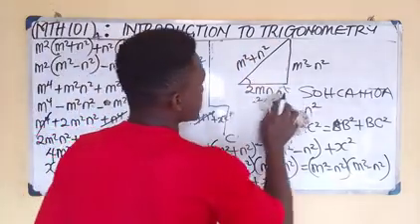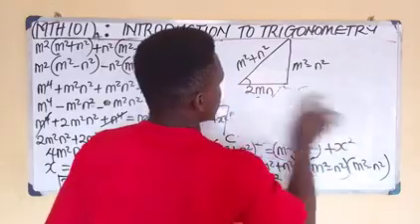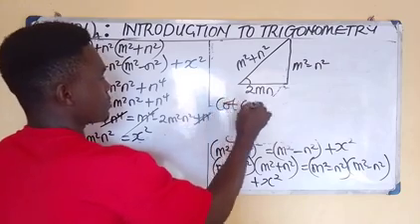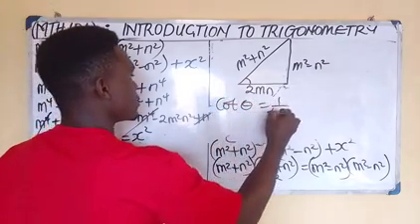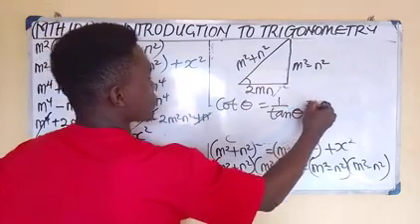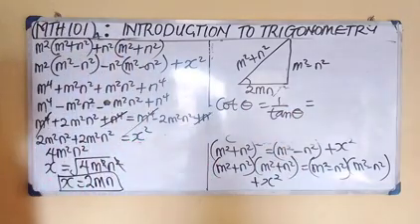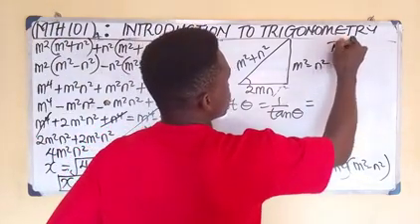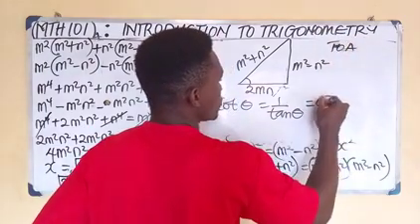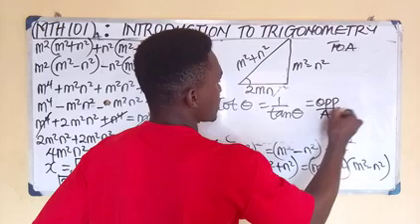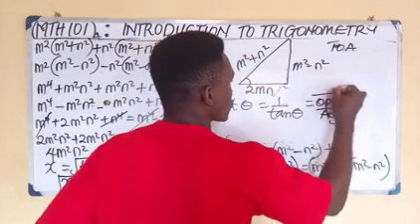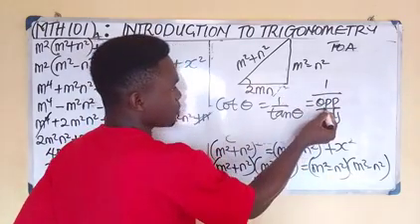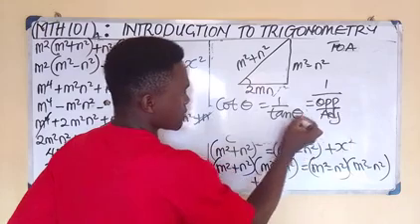Alright, if that is the case, don't forget that cot theta is 1 over tan theta. And tan, we have tan to be what? Opposite, that is SOH-CAH-TOA. That is opposite over adjacent. This is tan theta, right? So 1 over opposite over adjacent. This is for this.